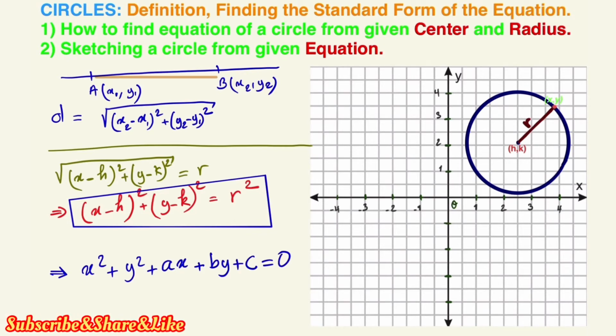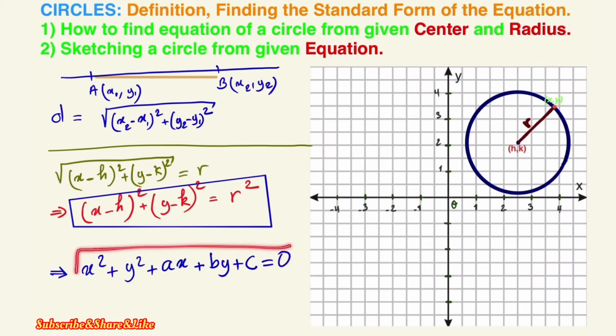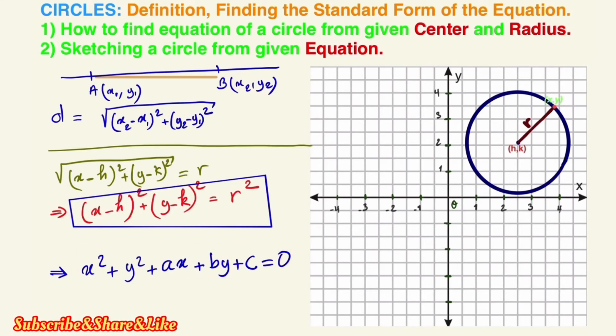If you take this equation here and you distribute everything, you will get something like this, and a, b, and c are just constants. This is the general form. So let's apply what we know to solve both problems.